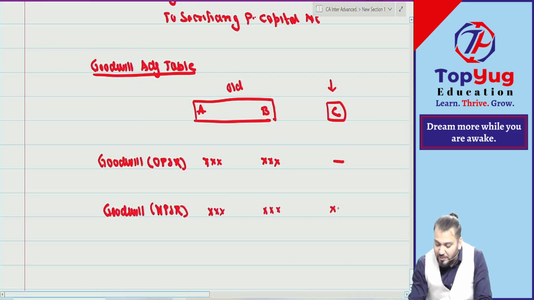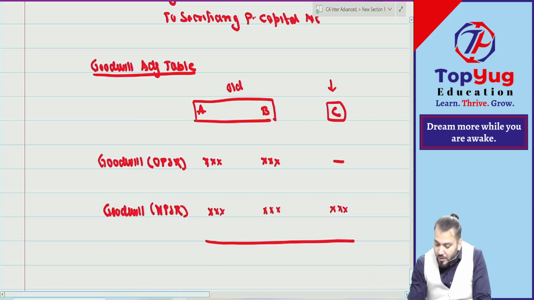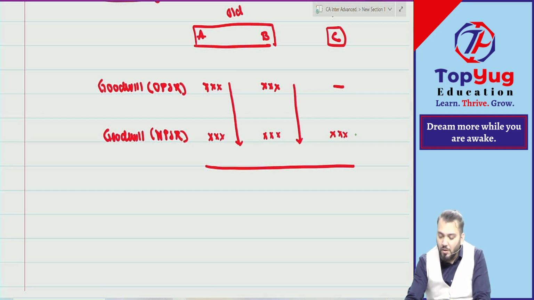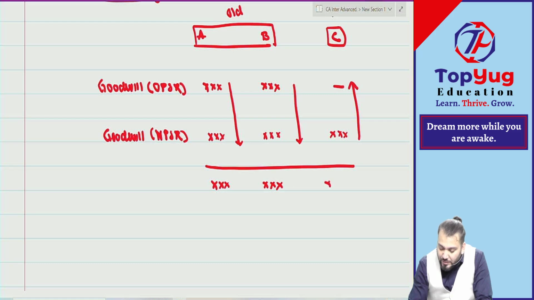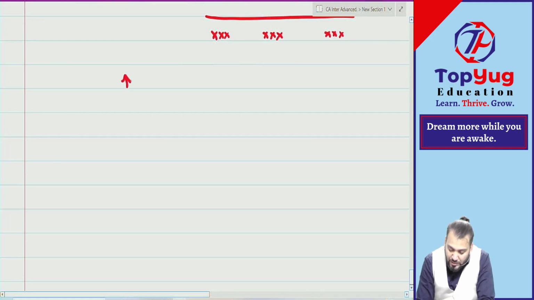When I say new partners means after reconstitution of firm, the partners left. Now, just try to understand. If this decreases or it will increase, either it will decrease or it will increase. So if it decreases, it means partners are sacrificing. If it increases, means partners are gaining. So if the value is increasing, it means sacrificing partner.